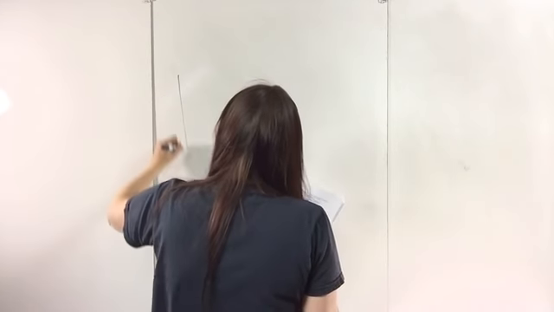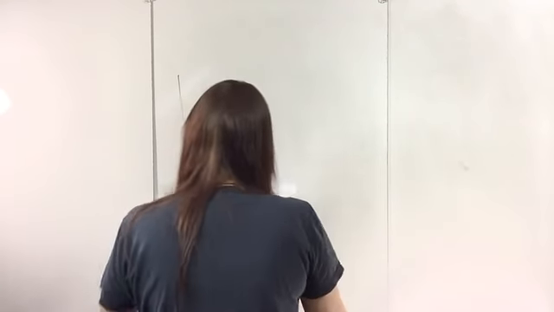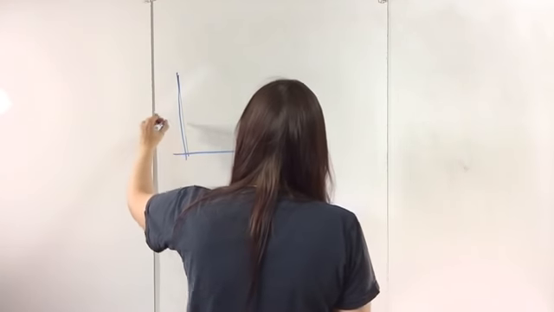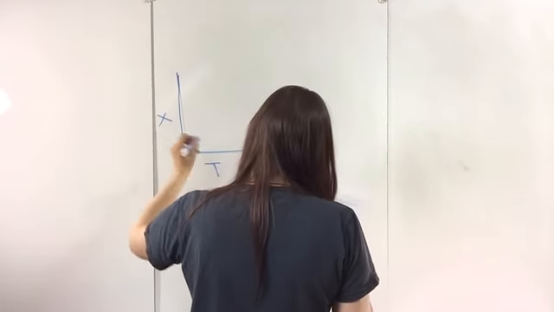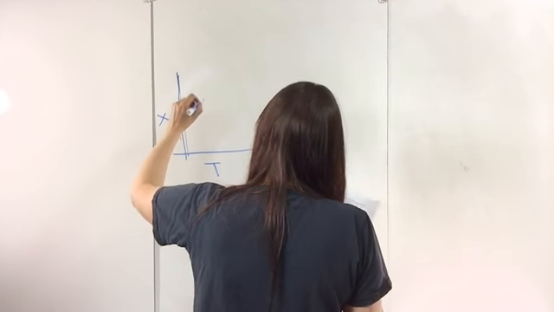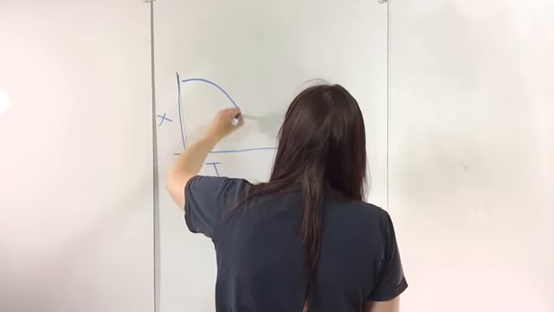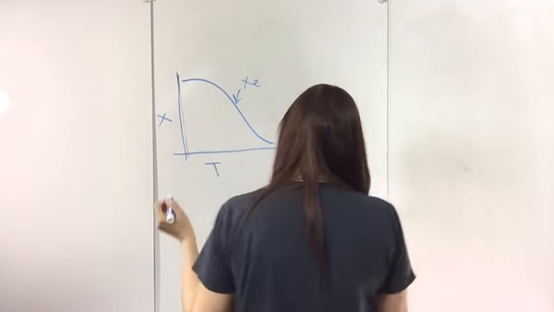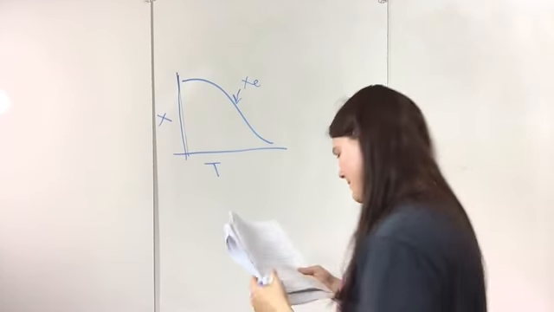So let's say, I'm going to get a different marker. So let's say you have X and T, and this is an exothermic reaction, so Xe is decreasing with temperature. This is Xe, that's your equilibrium conversion.